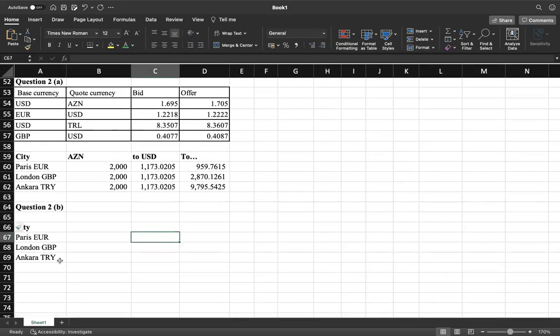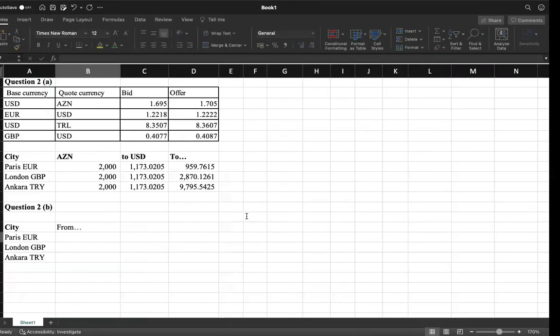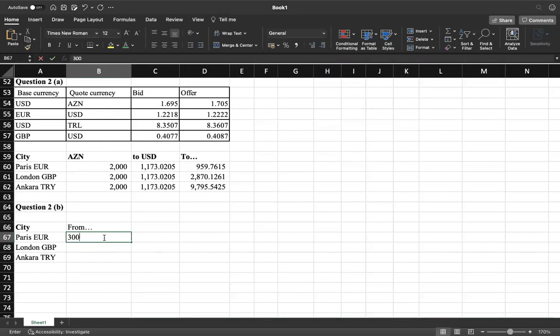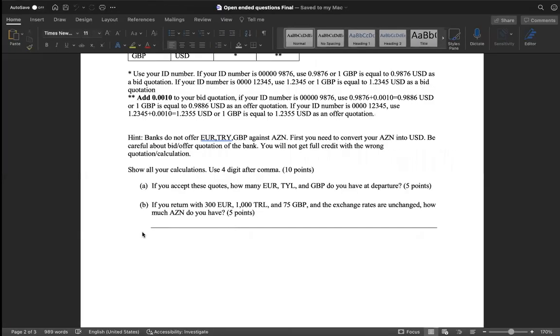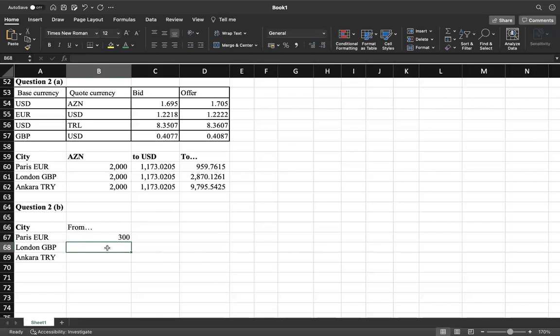Euro, GBP, and Turkish lira. In this case, we are converting from Euro, GBP, and Turkish lira to AZN in order to know how much AZN we have left. We have 300 euros, 75 British pound, and 1,000 Turkish lira.